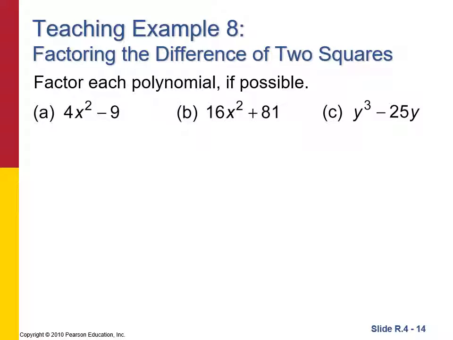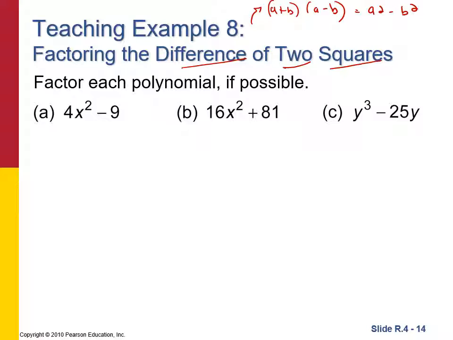Okay, so let's take a look at this problem. This is the difference of two squares. If you remember, I was showing you the difference of two squares this way in the last section, right? These are the same, this is the same, and then it just leaves you with a squared minus b squared.